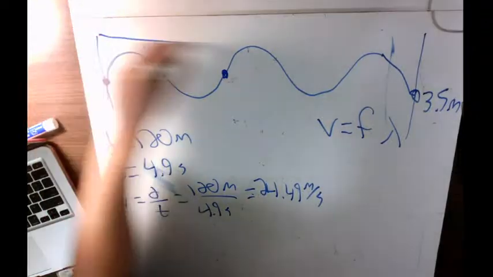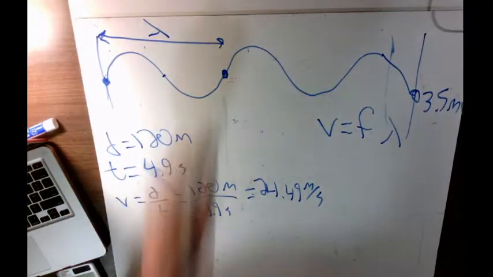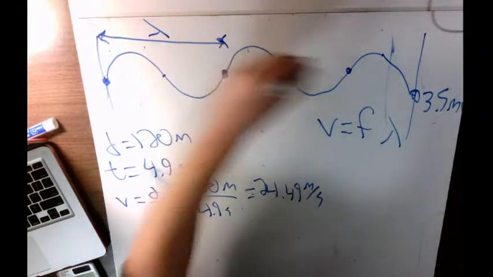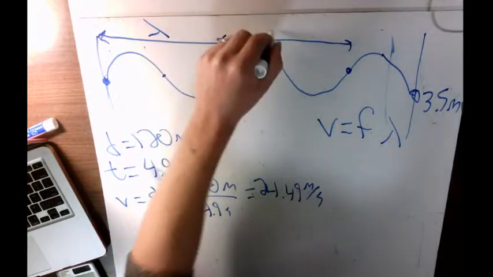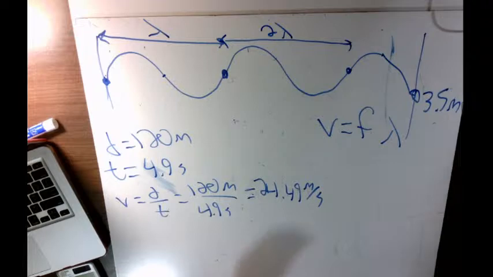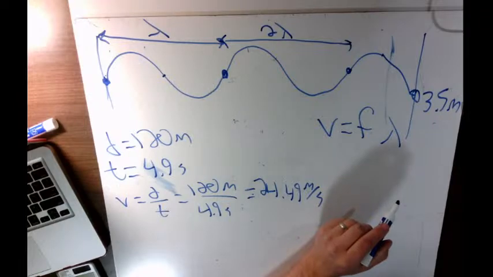So that's one wavelength. As we get to here, that's going to be 2 wavelengths. And we end, did I have enough troughs? 1, yes.